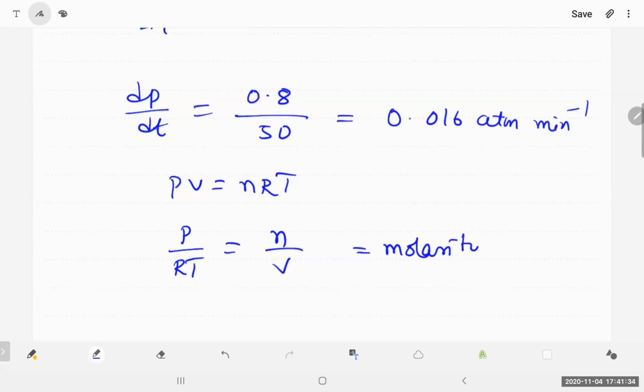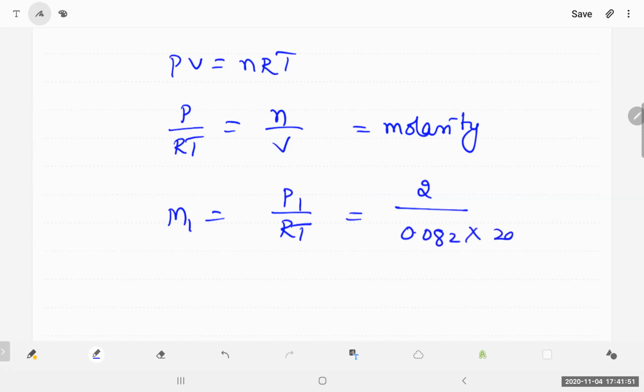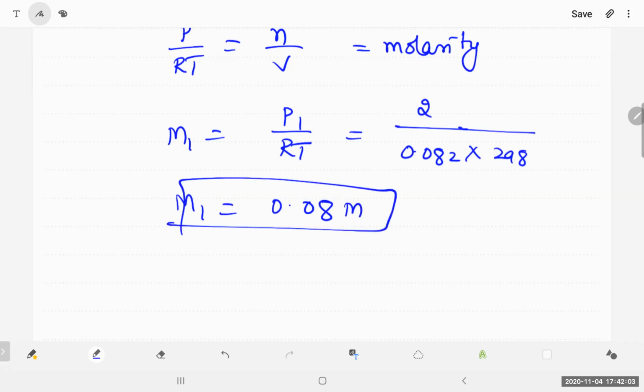What is molarity? That is the number of moles by volume of solution in liters. So M1 is equal to P1 by RT. So P1 is 2 by 0.082 into 298 Kelvin. So you will get 0.08 molarity.